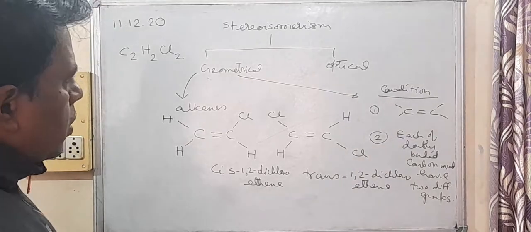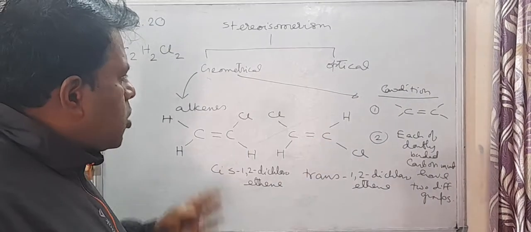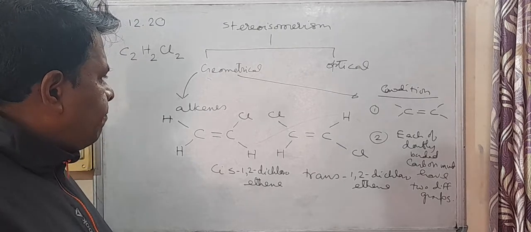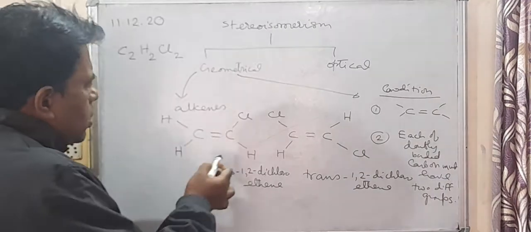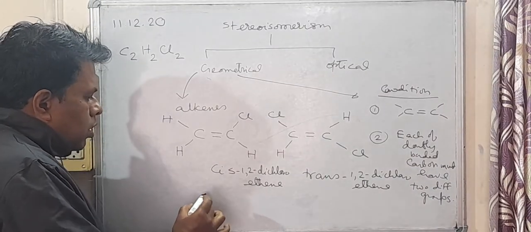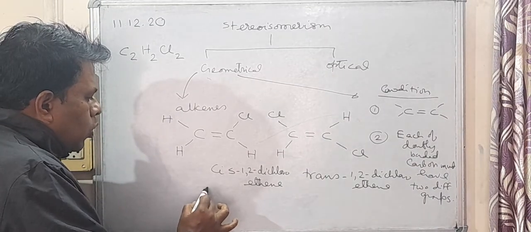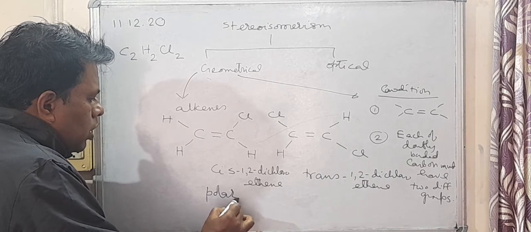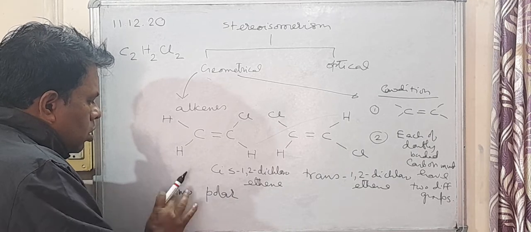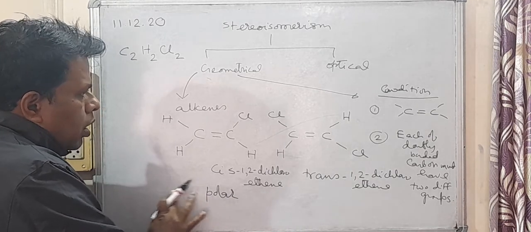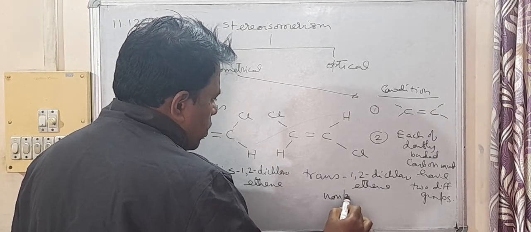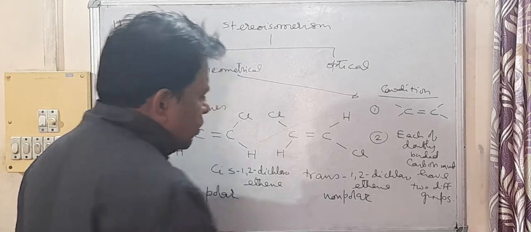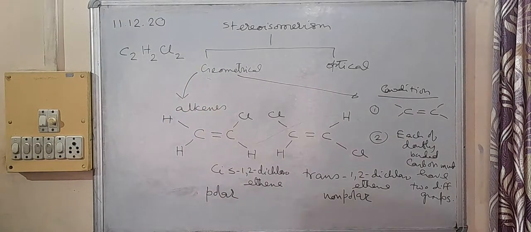And as far as the properties of these two isomers are concerned, let me tell you that cis compounds are polar in nature, and trans compounds are non-polar.